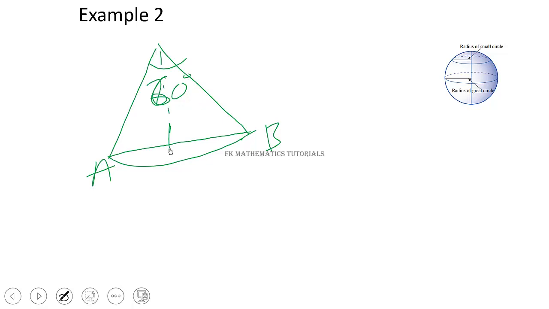And we can find that using trigonometry. So this is half of AB. This line here divides the 60 degrees into two equal parts. So half of the angle there will be 30 degrees. So we have this 30 degrees, and this is half of AB.